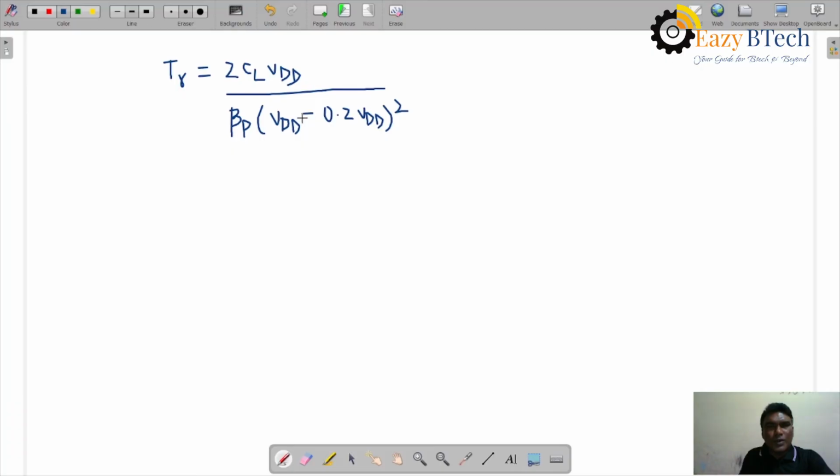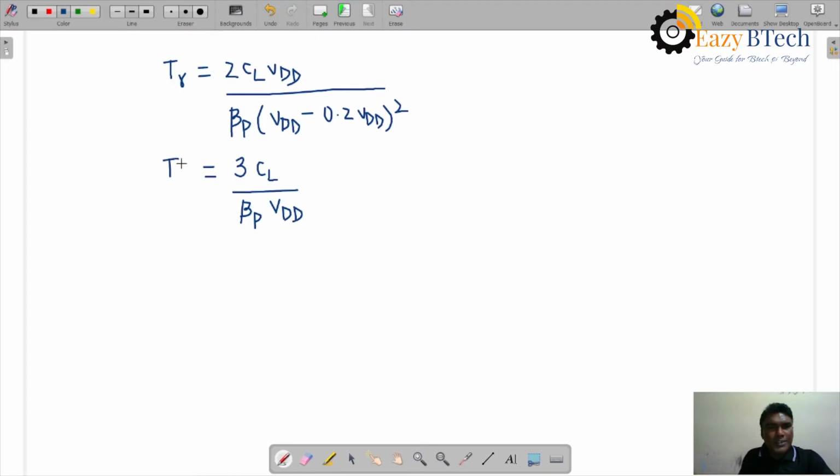If you simplify this, VDD and VDD square will cancel out. 1 minus 0.2 gives 0.8 VDD whole square. The square and VDD cancel out, 2 by 0.8, and then we get the value 3 CL by beta P into VDD.